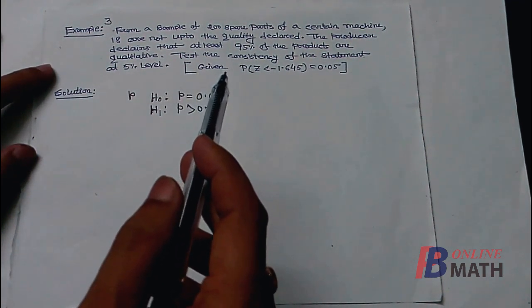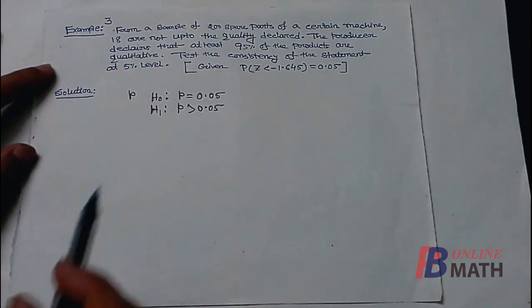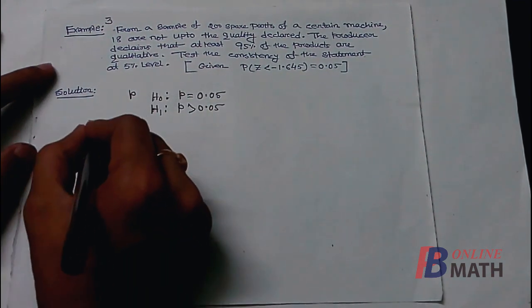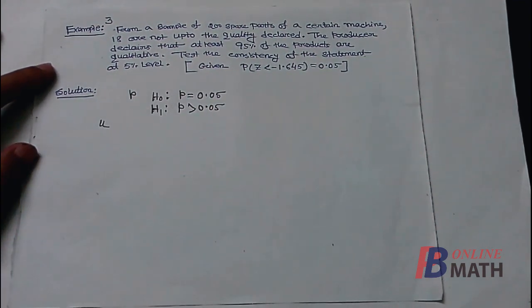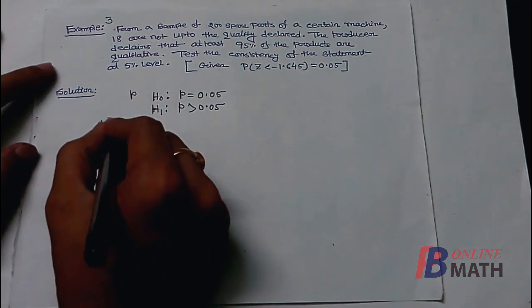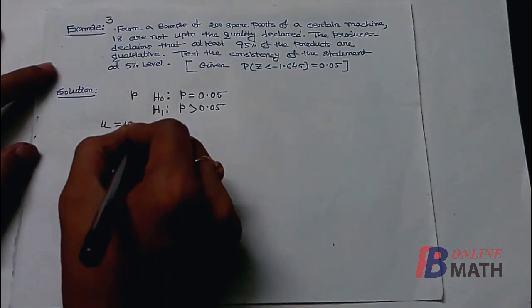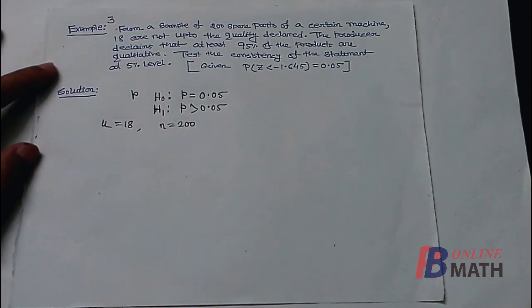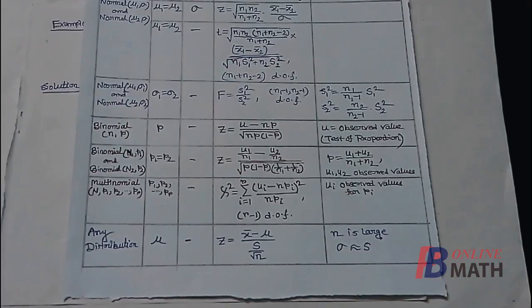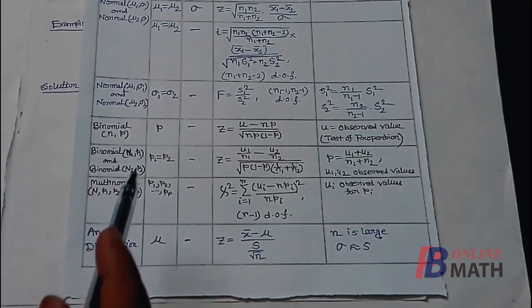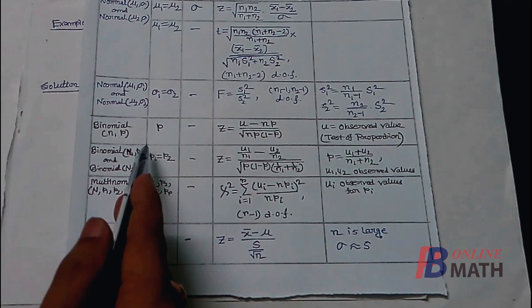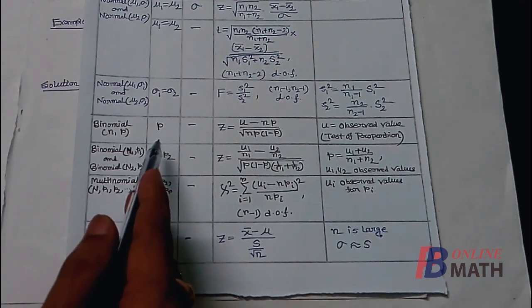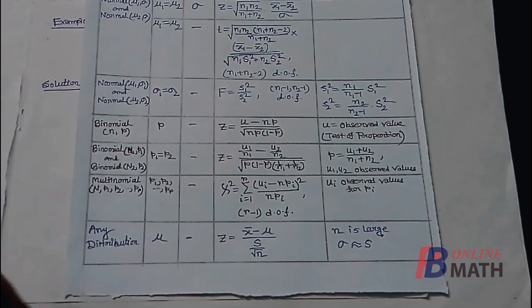Okay, next we write the given data. It is given that out of these 200 products, 18 are not up to the quality. So if u is the number of defective spare parts, then u equal to 18 and n equal to 200. Now we shall select the suitable statistic. The population is binomial and we have to test for one parameter p, that is the probability of obtaining a defective spare part.